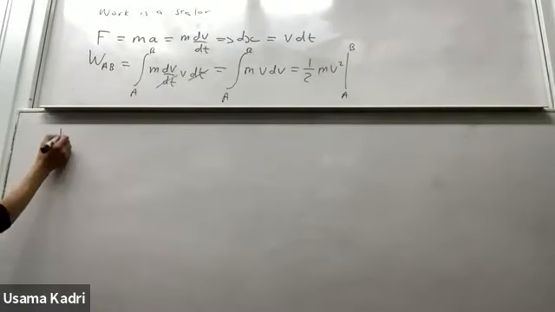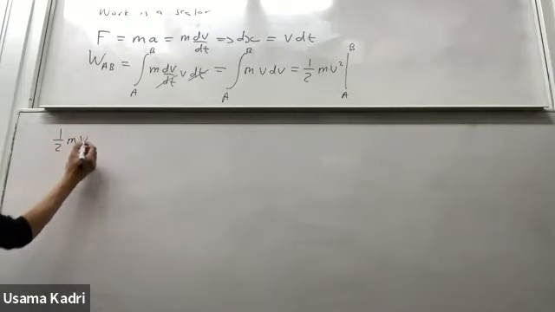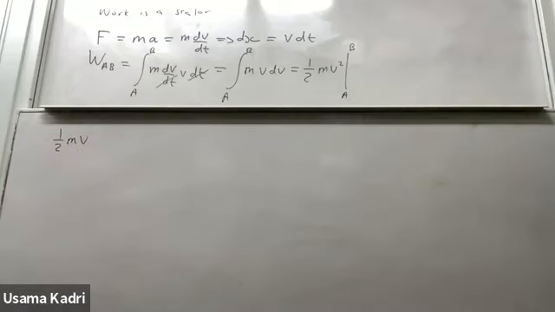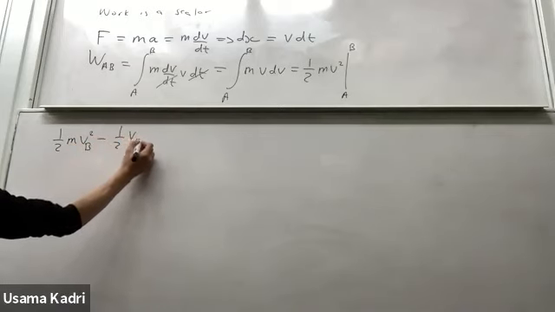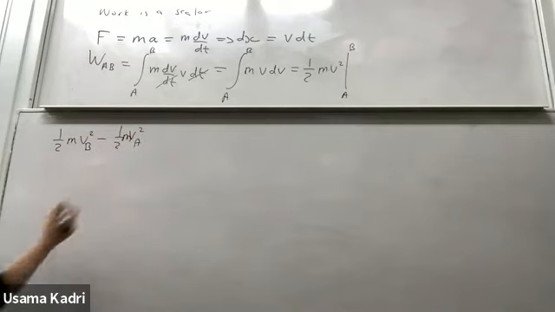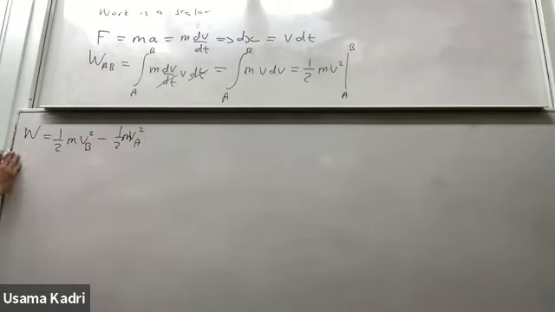So it's half mv at point B squared minus half mv at point A squared. This is the work you can still see between A and B.